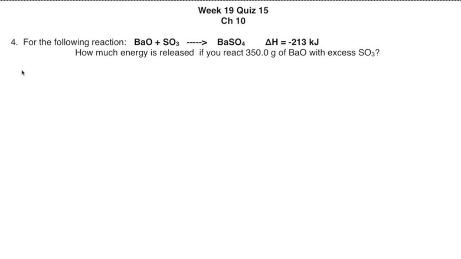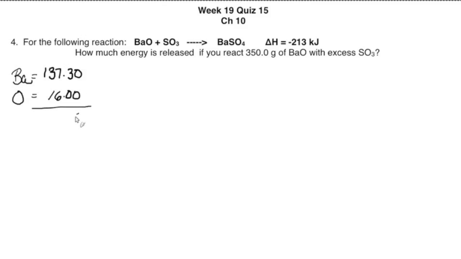So, of course, the first thing we have to do is get our molar mass. So we need the weight of barium and we need the weight of oxygen. By now you probably know from memory that the weight of oxygen is 16. And the weight of barium is 137.30. That's what it is on the chart I have right now.